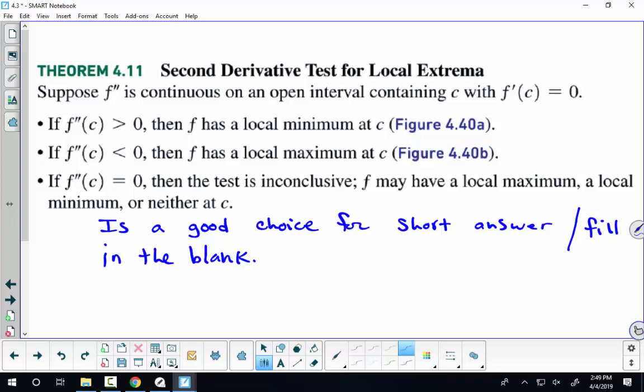We'll just at least discuss what it says, but it's another way to test for local minimums and local maximums.